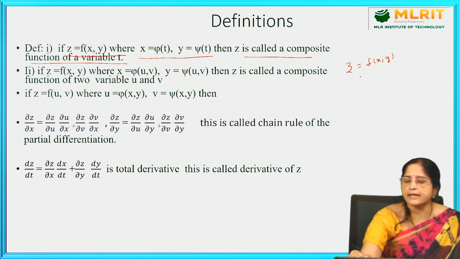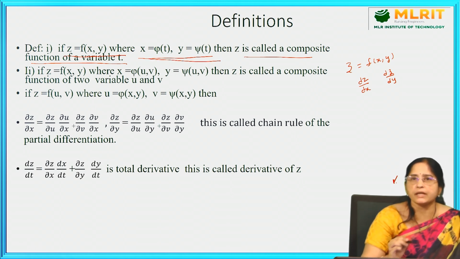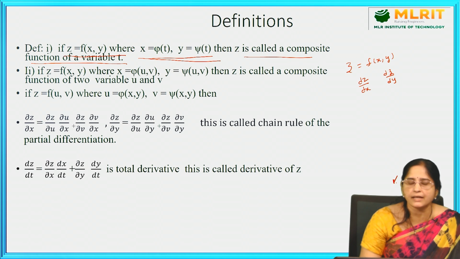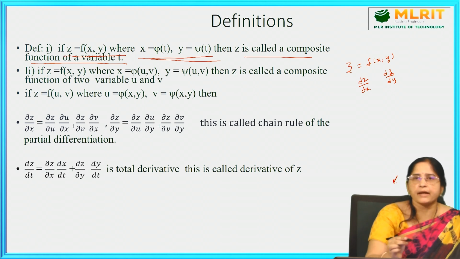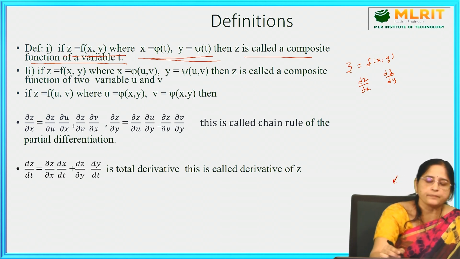In that case we can calculate dz by dx and dz by dy. We can find the derivatives, but here x and y are functions of another variable. In that case, if you want to find the derivatives, we have to apply the chain rule. Here x and y are functions of the single variable, that's why you can call it a composite function of the single variable t.